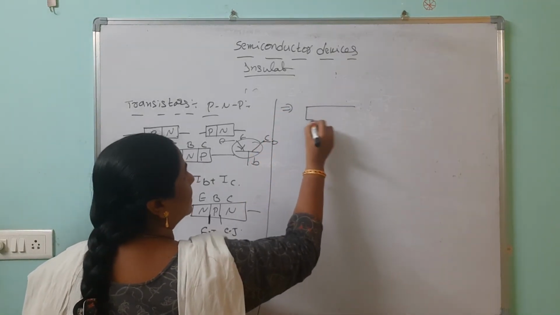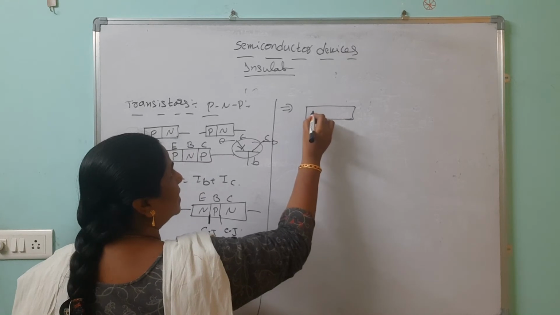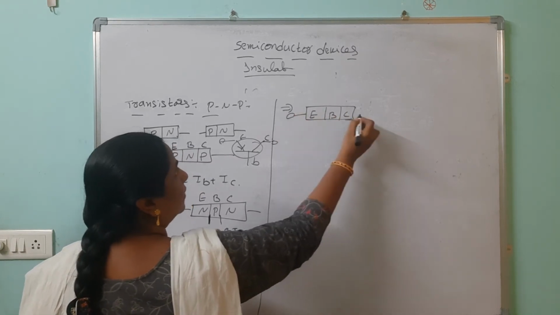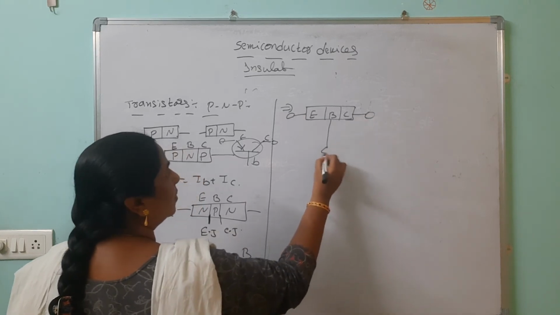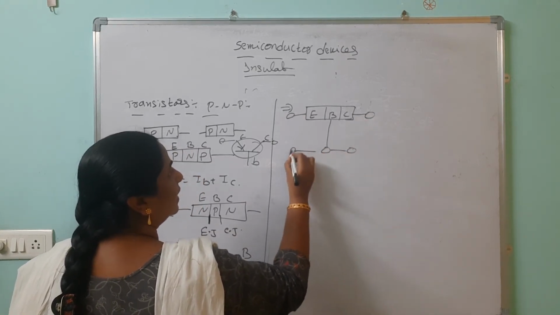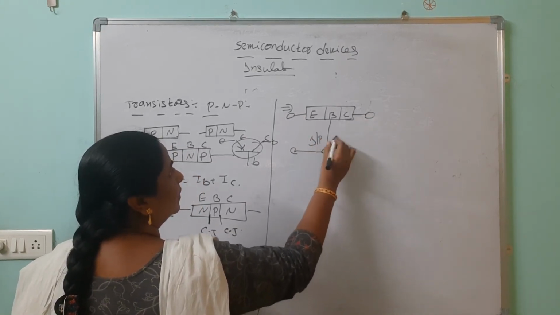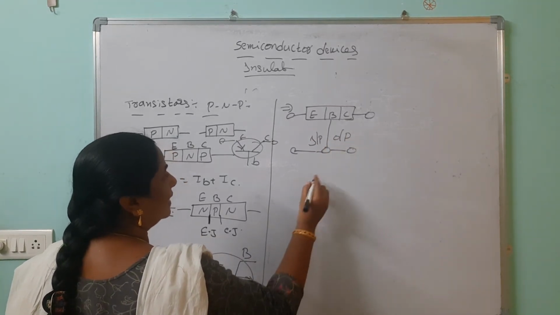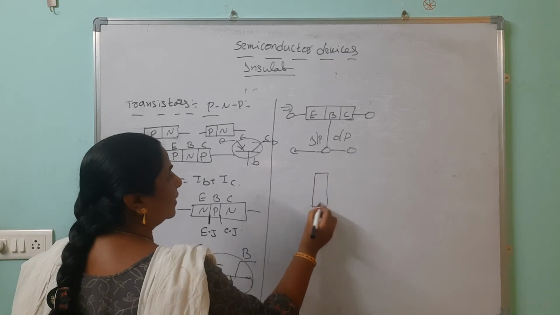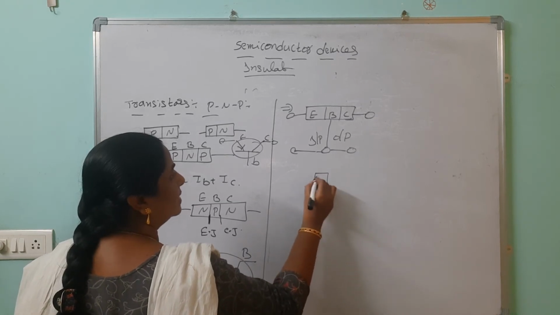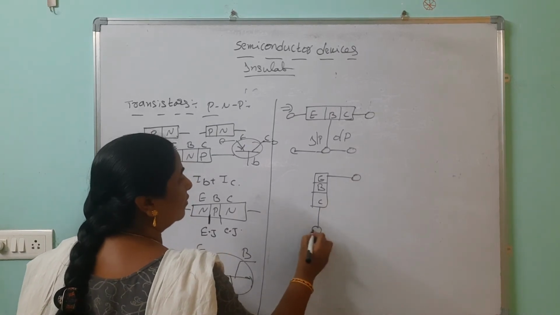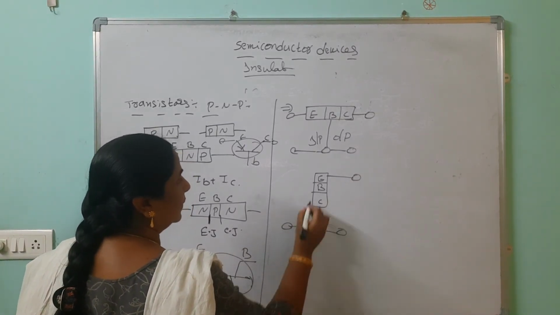If it is common base, we connect emitter, base, collector, and the base is common for both input and output. Suppose common collector, we can take it: this is the base, this is the emitter, and the collector is common for both input and output.